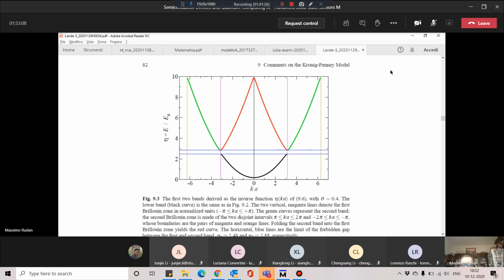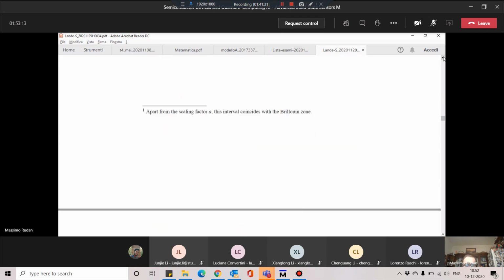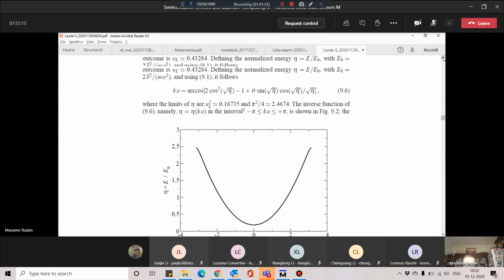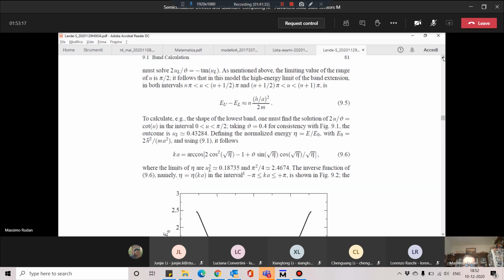Since we have an analytical description of the band, we could also calculate the effective mass. You remember, the effective mass is proportional to the inverse of the second derivative of the energy with respect to K. So for instance, we are not going to do it, but it is very easily done.